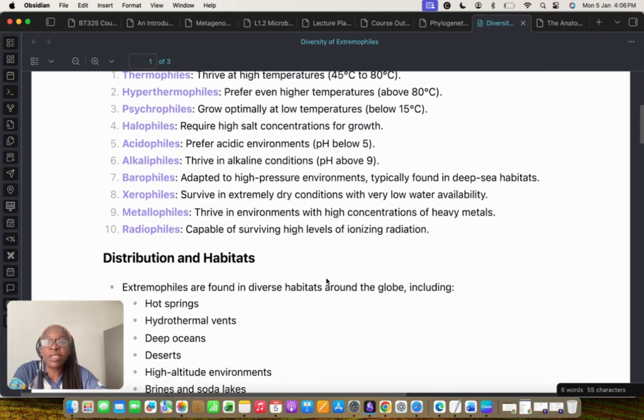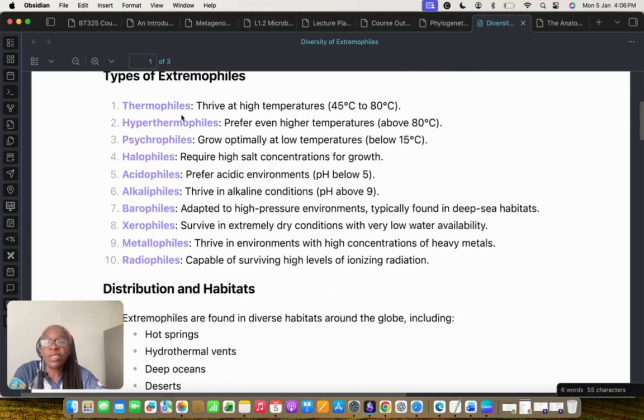Now you can imagine in these different conditions, all of these pressures make it difficult for biological life to proceed. So from your biochem, you must understand that there's limits in which these biochemical reactions can take place, right? So if we're talking about temperature, there's limits before proteins denature.